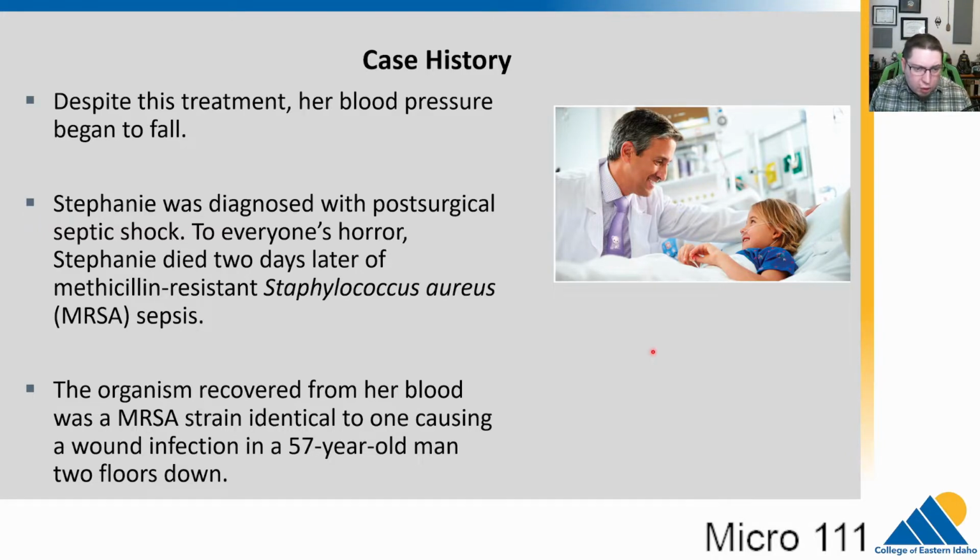The particular MRSA organism that they identified in her blood was identical genetically and biochemically to one that was causing a wound infection in a 57-year-old man 2 floors down. So, is that coincidence? We need to investigate.